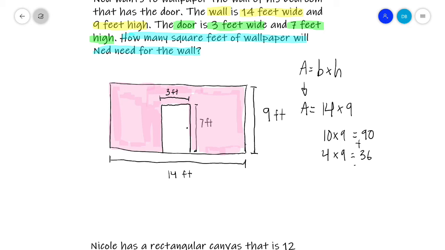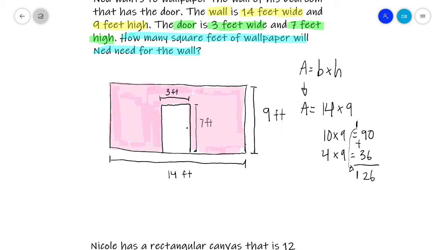Now when I add 90 and 36, I get a 2, and then a 1, excuse me. So the 1 comes down, right? So the answer is 126. Let's just fix that so that looks right. Okay, so the answer is 126.